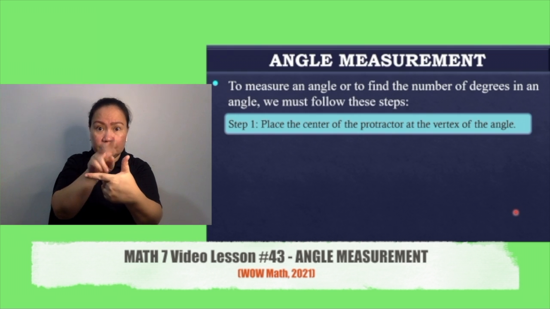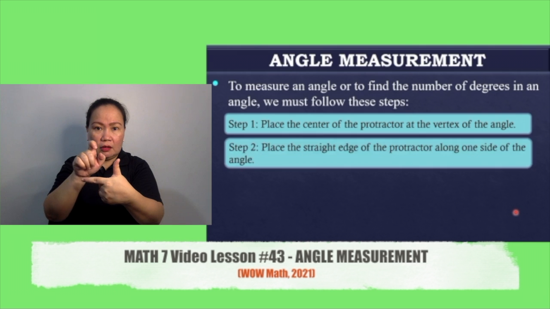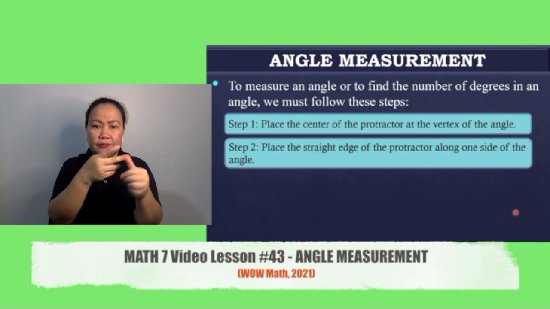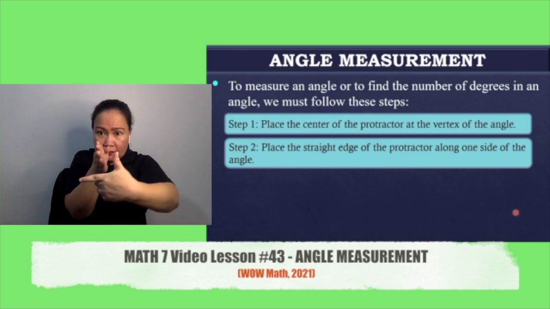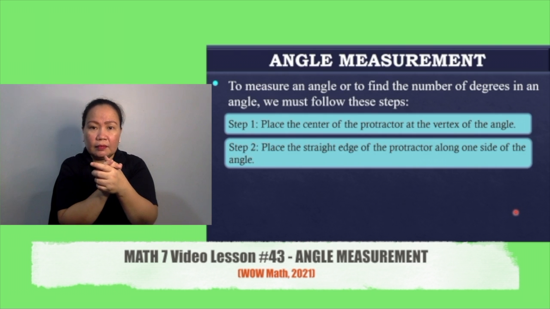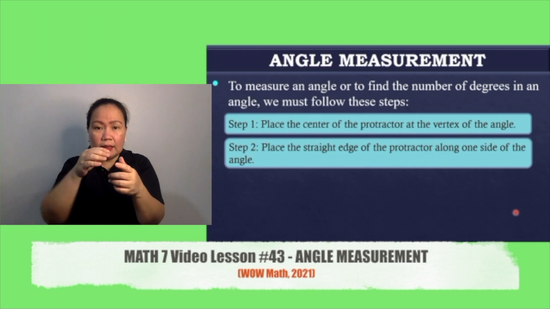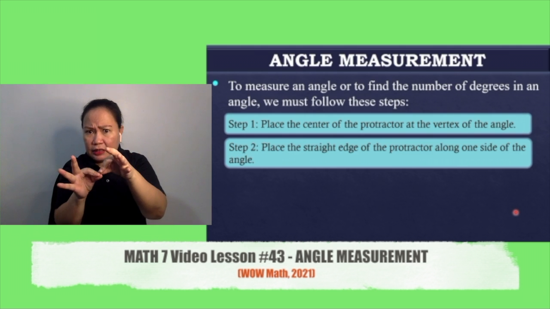Make sure na yung gitna ng protractor mo ay nakatapat doon sa vertex ng angle mo. Step 2, place the straight edge of the protractor along one side of the angle. Minsan kasi, naitatapat natin yung protractor dun sa vertex ng angle, pero yung gilid niya, hindi nakatapat dun sa side ng angle mo.